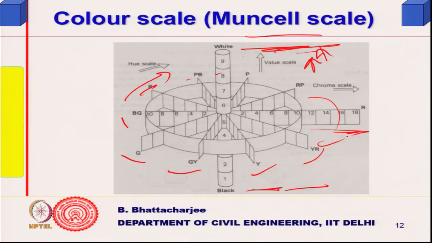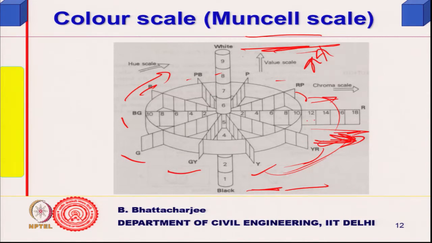You talk about hues in literature also. So, hue is this, and there is a chroma scale. The hue scale is in this direction, the chroma scale is in this direction. Chroma scale is related to a kind of brightness. These are all relative scales.